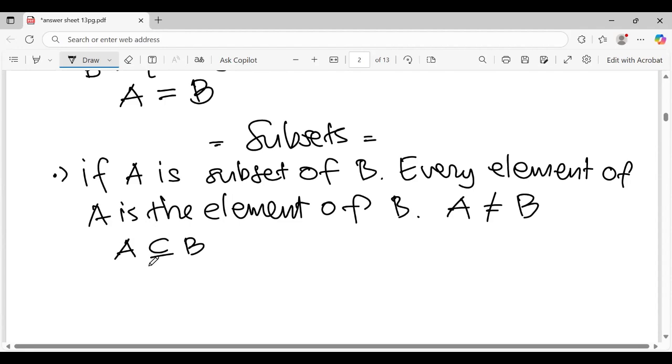So set A is a subset of set B, or you can write it like this.